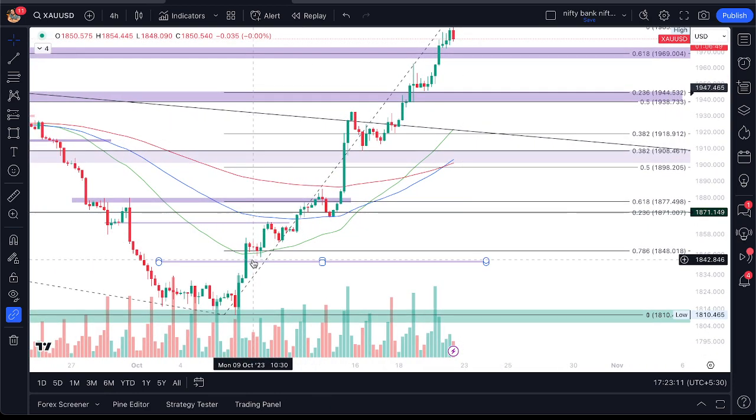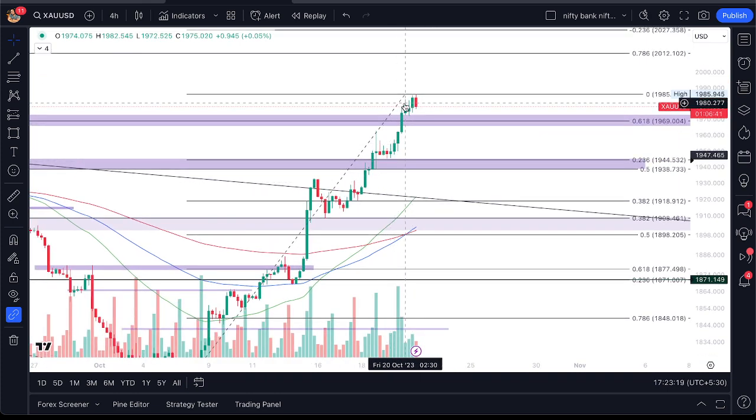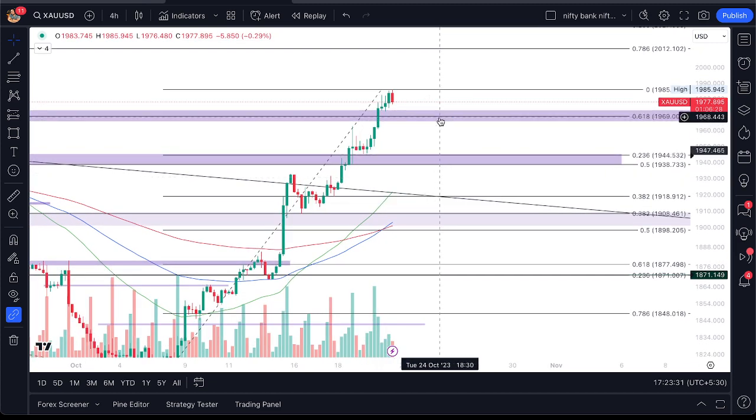It's making higher high, higher low, higher high, higher low. It did break this level, and it's again making higher high, higher low. So the trend is upward, so only look for a buy trade. If it breaks this area 1944, then we can see some pullback, and some major downward trend.